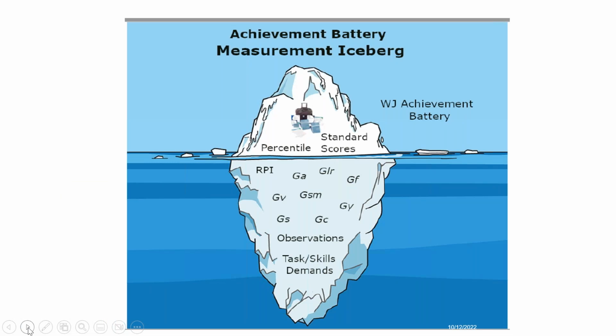So one of the things that I like to think about when we're using these norm-referenced standardized tests is a reminder to you as evaluators that there's a lot of different information that can be obtained through the implementation of these tests. A lot more information is available beyond just the standard score and the percentile rank. So I created this iceberg to signify that the information above the waterline is typically the information that we have been trained to focus on and report out on when we're looking at students' performance.